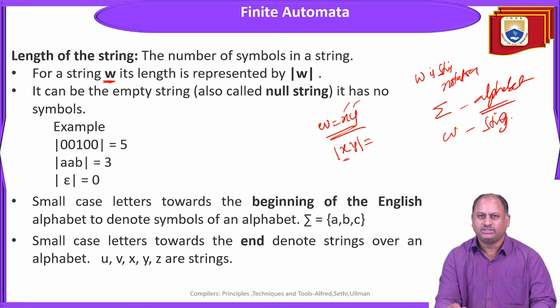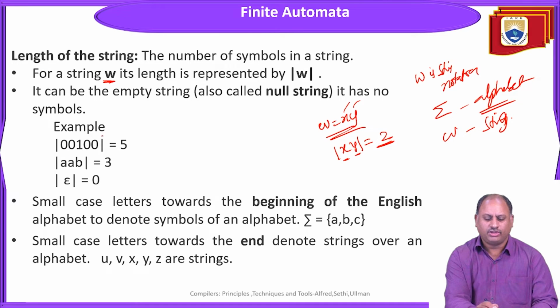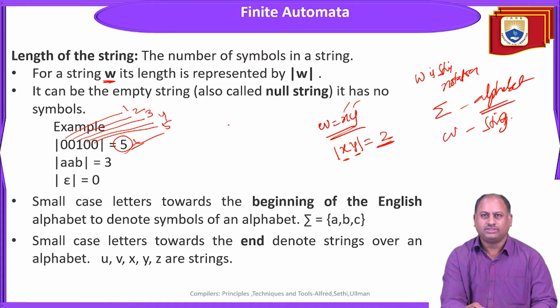Here x is one symbol and y is another, so there are 2 symbols and the length is 2. In the example 0 1 0 0 1, this is the first symbol, second, third, fourth, fifth, so the length of the string is 5.